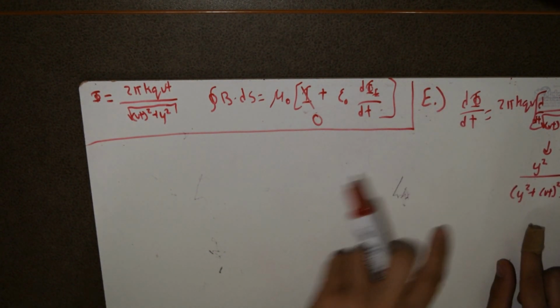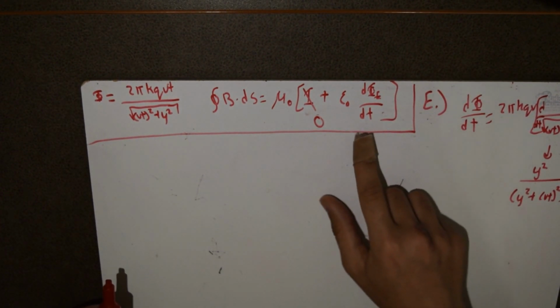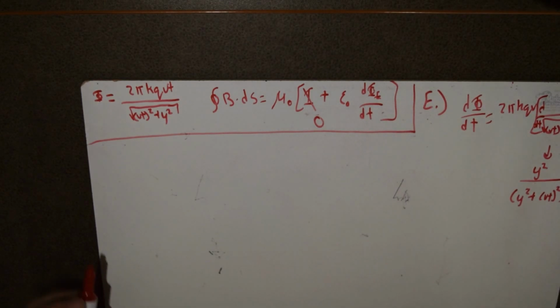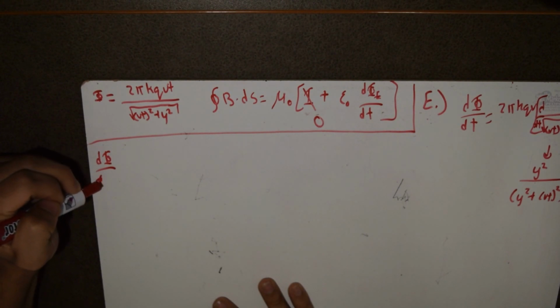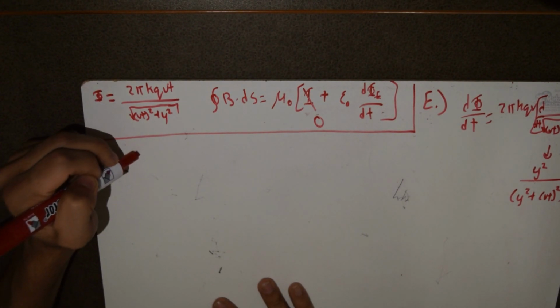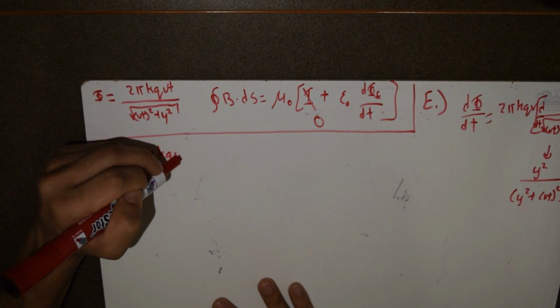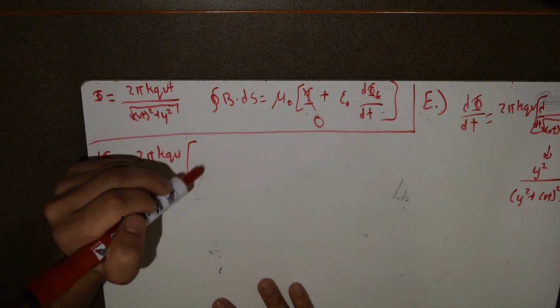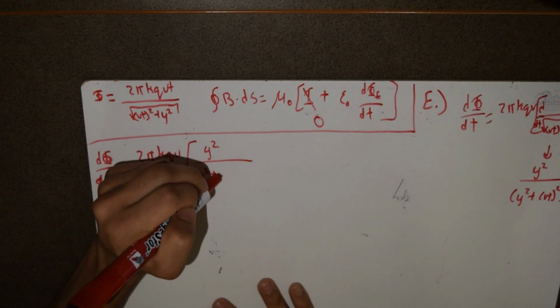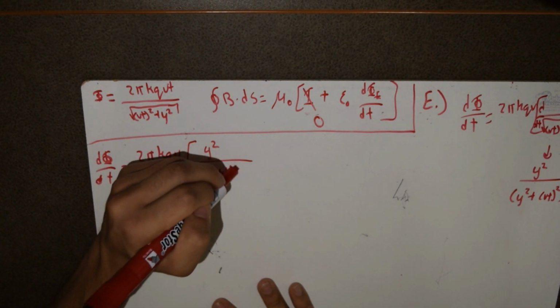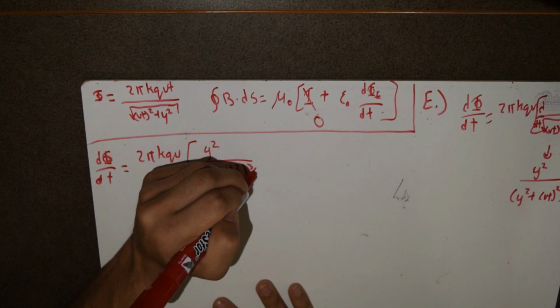So I'm going to use this and rewrite the derivative of the flux with respect to time. So d flux over dt equals 2 pi kqv times y squared over y squared plus vt squared to the 3/2.